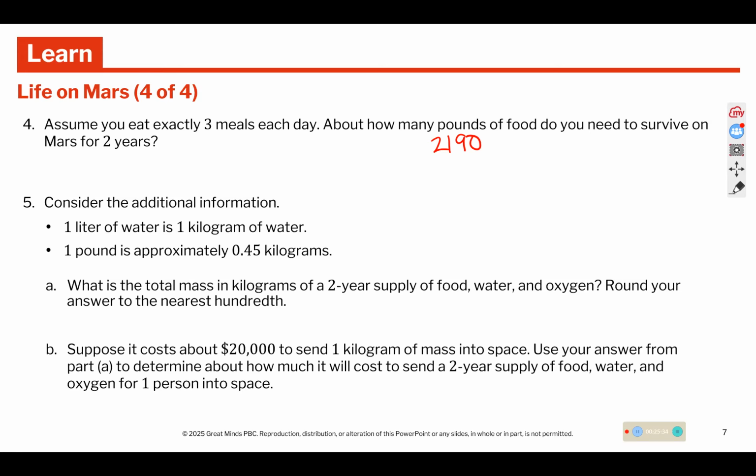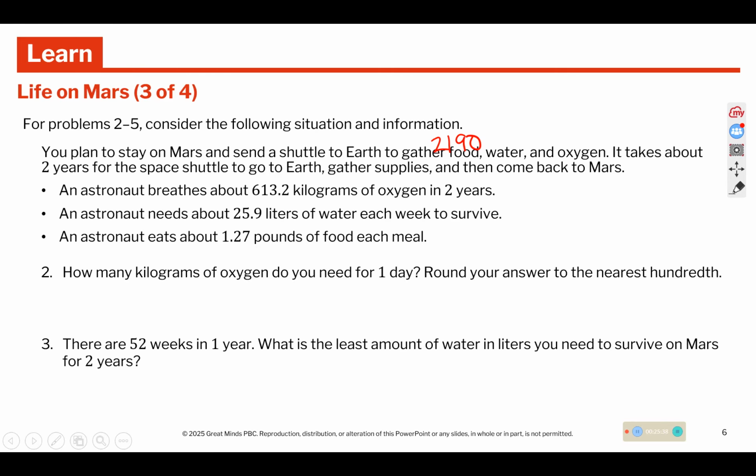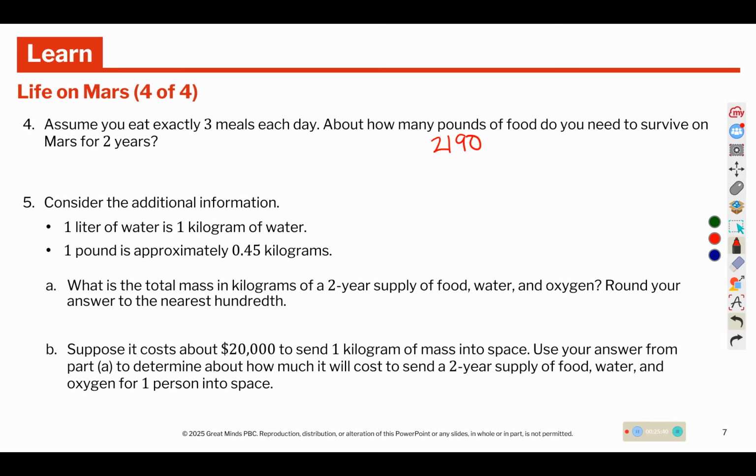And each meal is 1.27 pounds. 7 times 0. 7 times 9 is 63. 7 times 1 is 7, plus 6 more makes 13. 7 times 2 is 14, plus 1 more is 15.